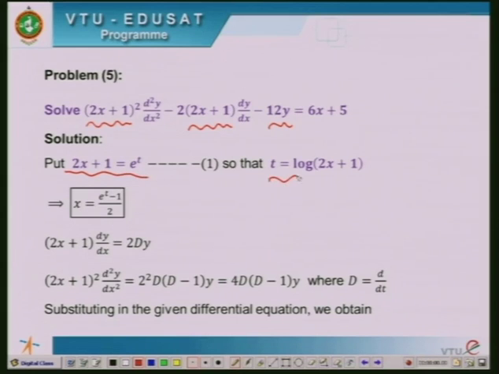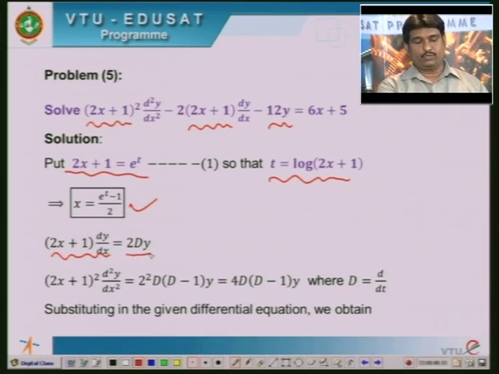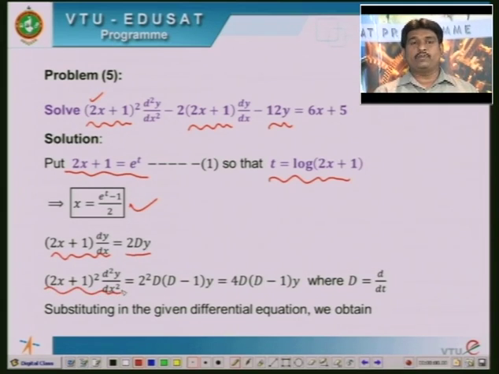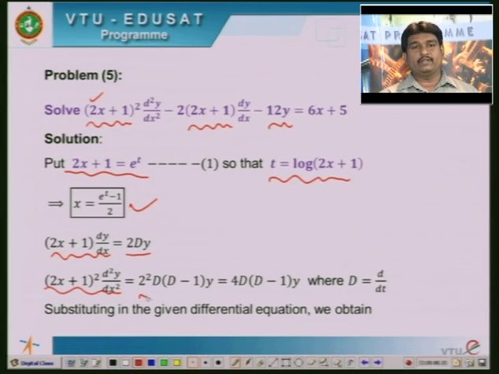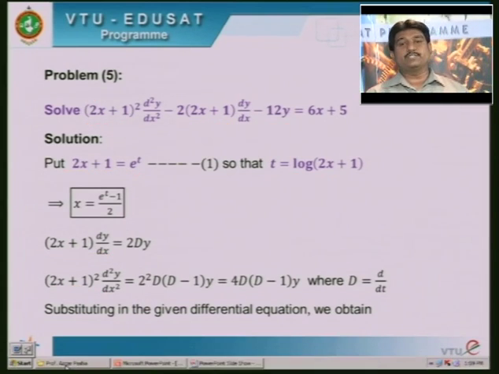With this substitution, t becomes log of (2x+1), and simplifying in terms of x, x = (e^t − 1)/2. So the variable coefficients like (2x+1) dy/dx becomes a·Dy, where a is 2 here, the coefficient of x, and (2x+1)² d²y/dx² becomes a², which is 4, times D(D−1)y, where D represents the derivative with respect to the new variable t.